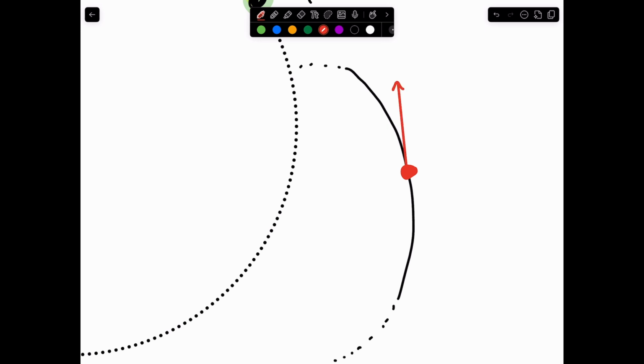And if you were to zoom in on this little region right here, you'll notice for the instant that the object is at this part of the path, the tangent line, aka the direction of the velocity vector, is pretty much equal to the direction of the path.